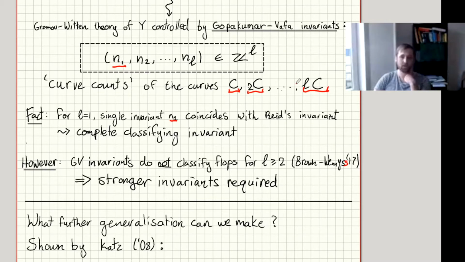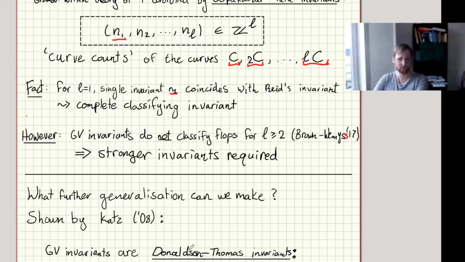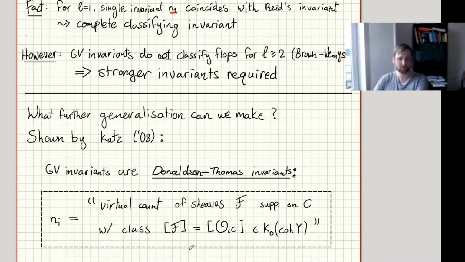So if we want to generalize these GV invariants further, then we need some sort of more general theory. So it was shown by Katz at the start of the millennium that these GV invariants are examples of Donaldson-Thomas invariants.